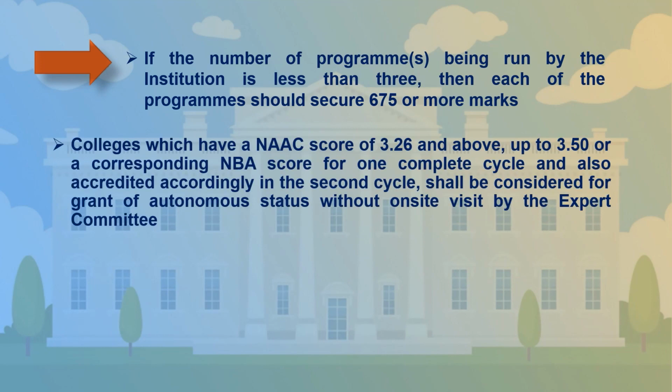Colleges which have a NAAC score of 3.26 and above up to say 3.5, or a corresponding NBA score for one complete cycle and also accredited accordingly in the second cycle, shall be considered for grant of autonomous status without on-site visit by the expert committee.